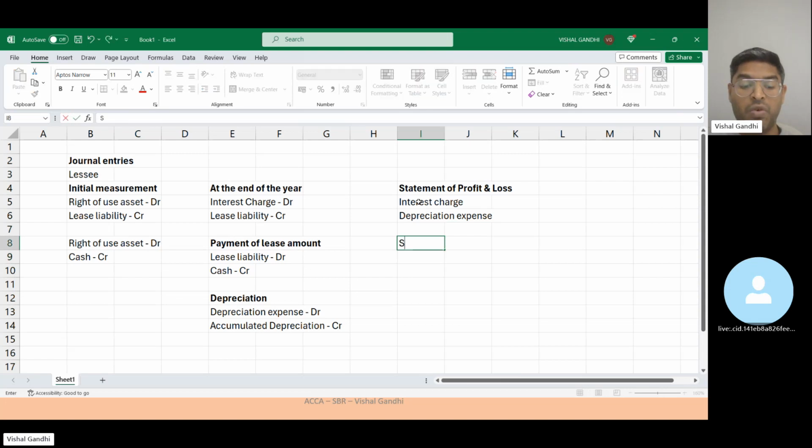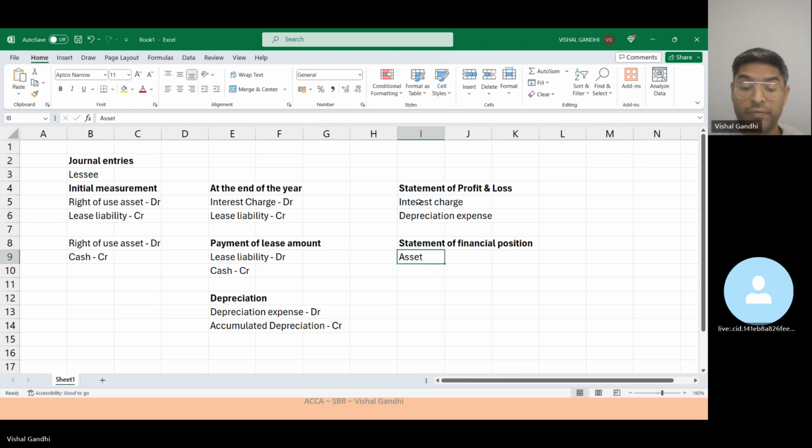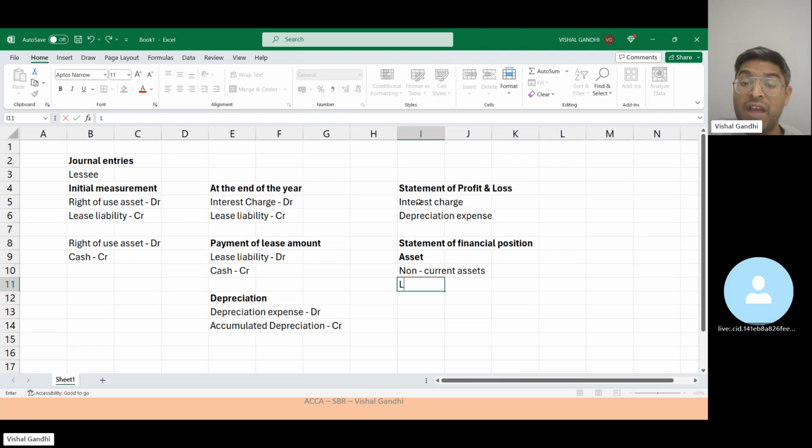What will go in the statement of financial position, the balance sheet? On the asset side, under non-current assets, we will have the right of use asset.